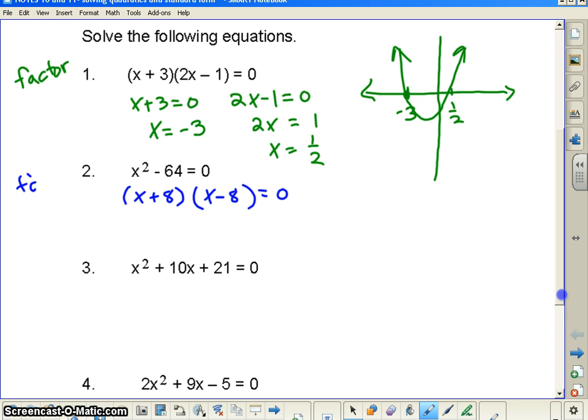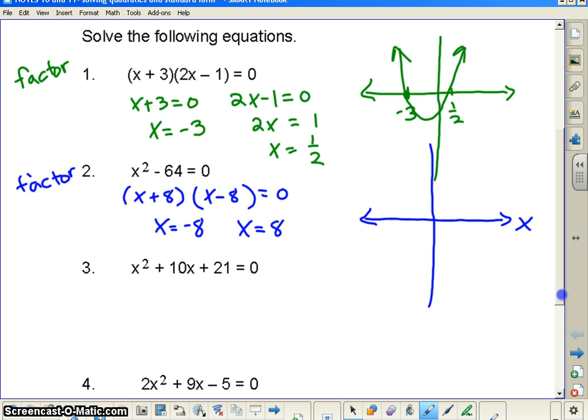So that means that x is going to be -8 and x is going to be +8. So this parabola is going to cross my x-axis at -8 and at +8.